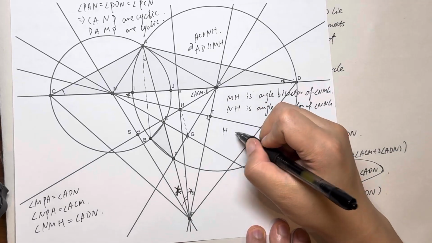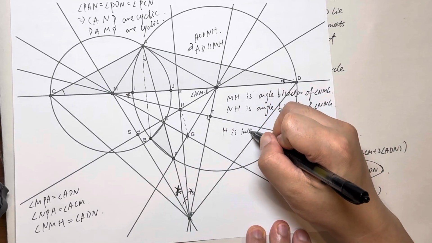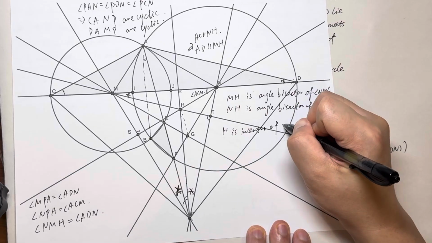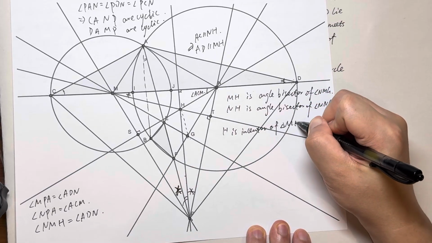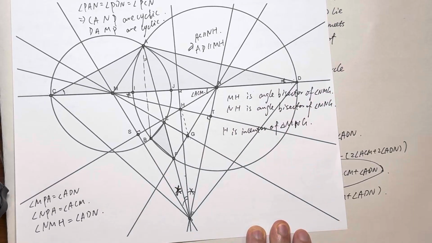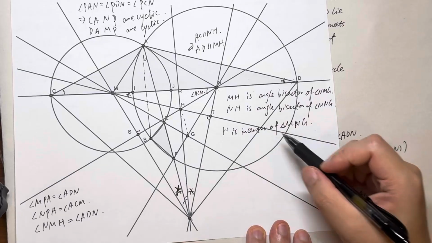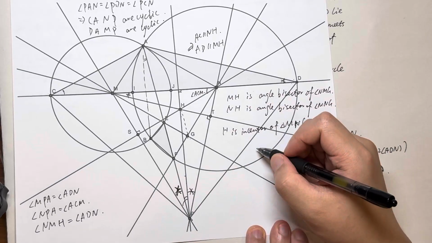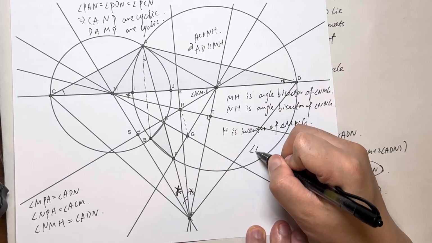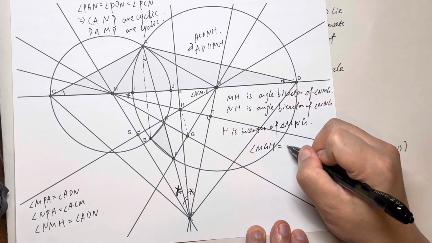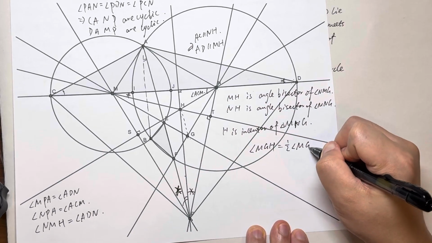So H is the incenter of triangle MNG, right? That means we can easily calculate the angle MGH, which is half of angle MGN.